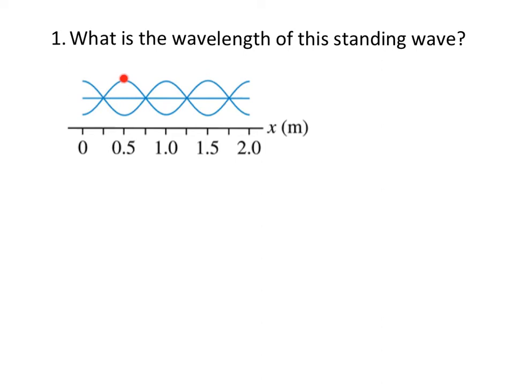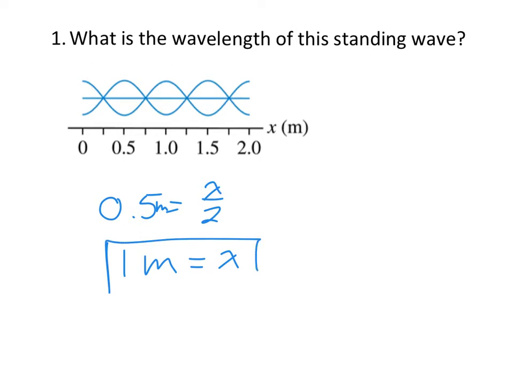If you go from 0.5 to 1, that's a distance of 0.5. So 0.5 equals lambda over 2, this is meters, then 1 meter equals lambda. This isn't an equation you'll be given, it's just something that you're going to need to know.